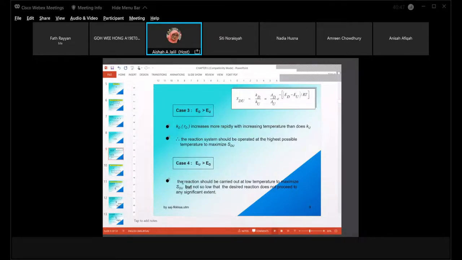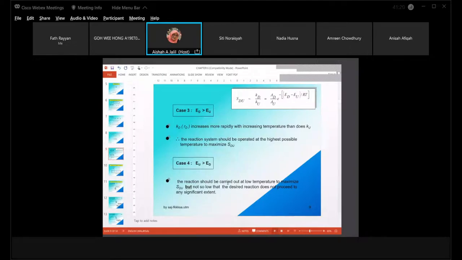But you have to remember, the reaction should be carried out at low temperature to maximize SDU, but not so low that the desired reaction does not proceed to any significant extent. There is a limitation in temperature for the reaction to occur, so you can reduce the temperature, but not too low.